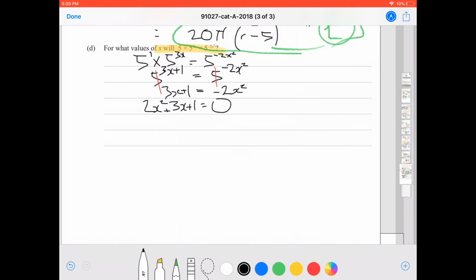Multiplying A and C terms, 2 times 1 is 2. We're looking for two numbers that multiply to give 2 and add to positive 3, and they are 2 and 1. So 2x squared plus 2x. Remember, we changed the b term into its respective x parts, so 2x plus x.